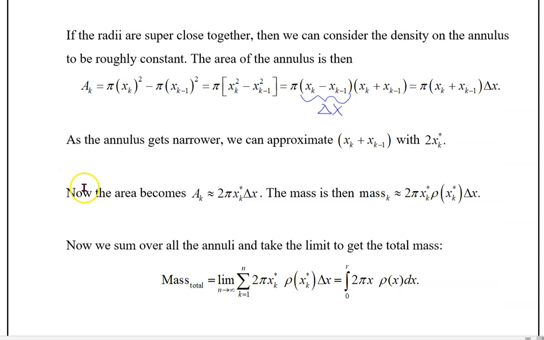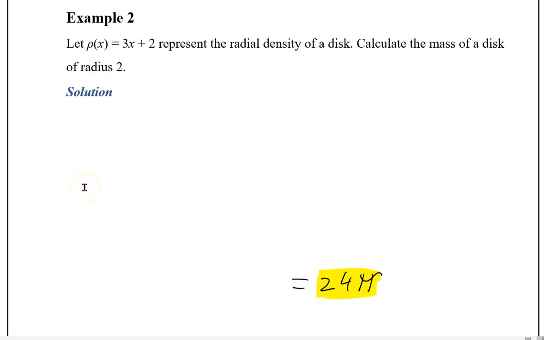Let's take a look at example number 2. In example 2, we have rho of x equal 3x plus 2, representing the radial density of a disk. We want to calculate the mass of the disk of radius 2. In order to set this up, we're going to integrate from 0 to 2, since that's our radius value.